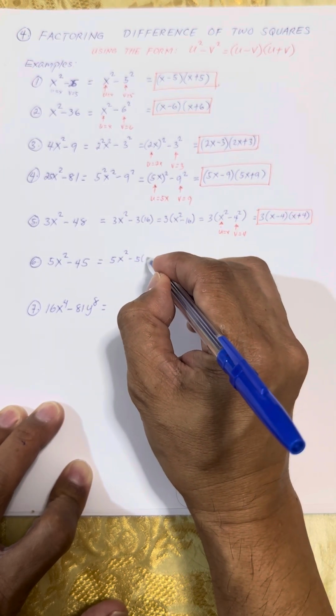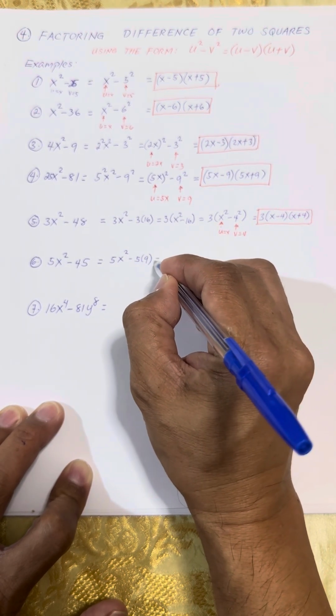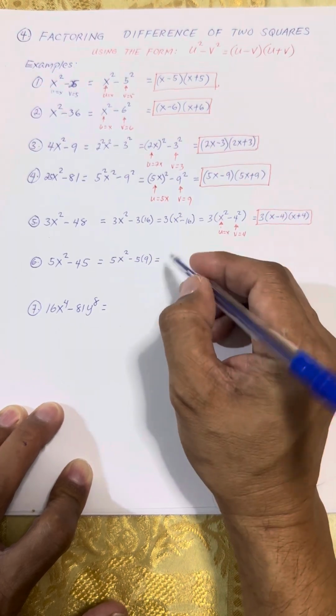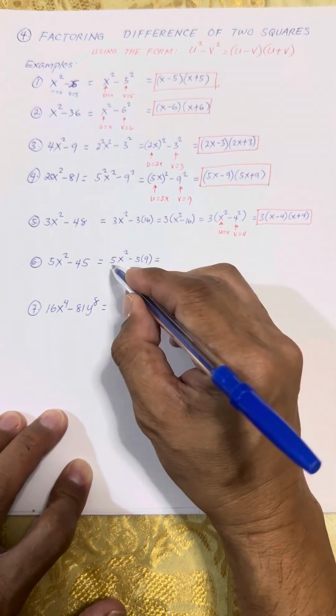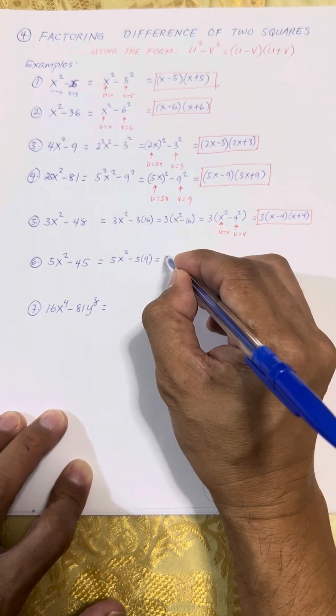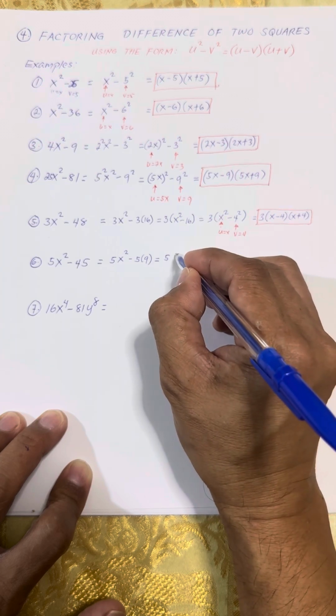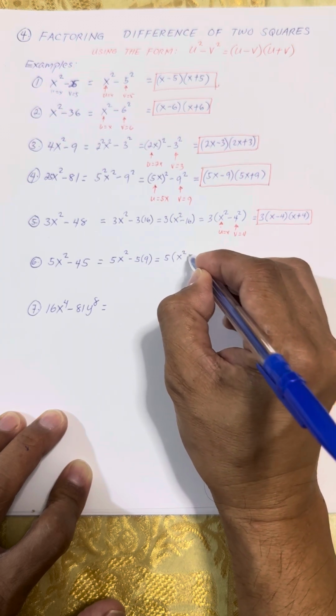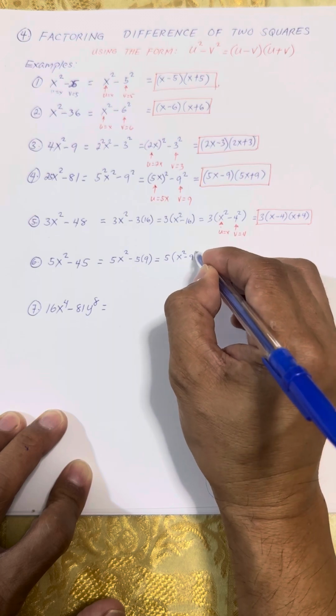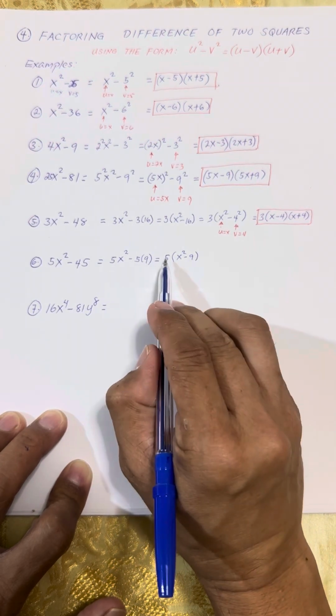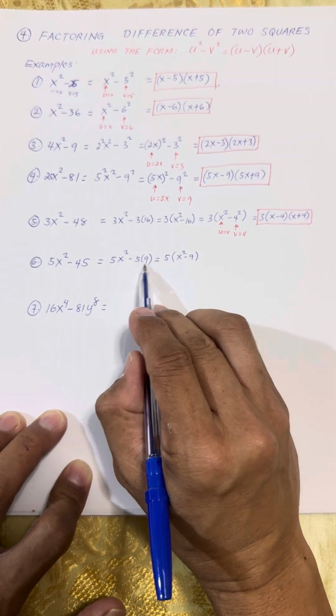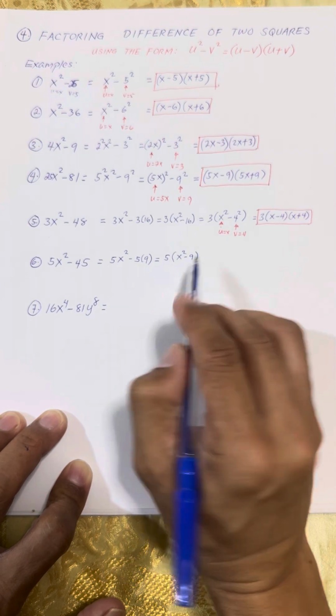Okay, after that, find the common monomial factor. So here, 5 is the common monomial factor, so factoring out 5, we have x squared minus 9. Because we just divide the first term by 5, so x squared, and the second term by 5, 9.